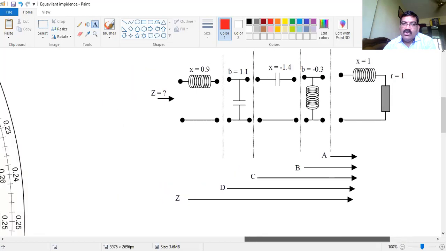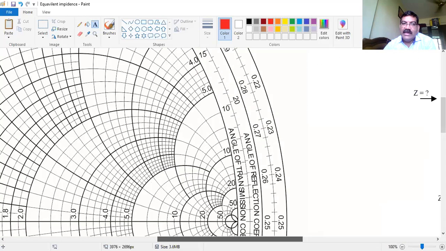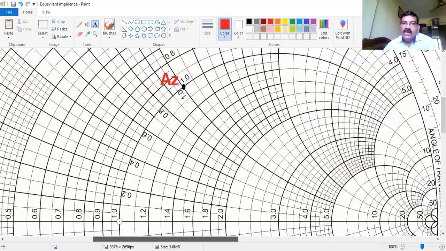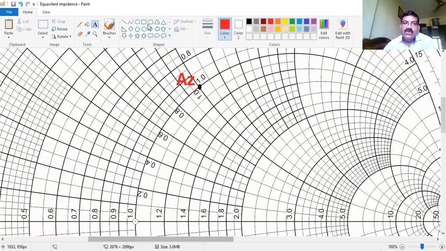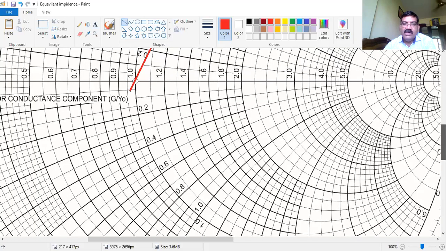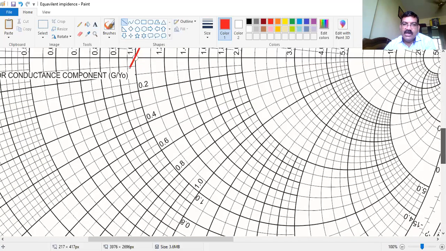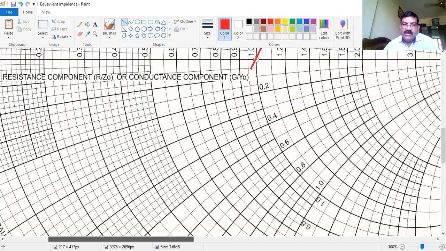I'll go to the Smith chart and convert AZ to AY. For that, what is the rule? You just have to draw a line passing through the origin, and I'll extend it to the downside. You can do it on your Smith chart if you have one.